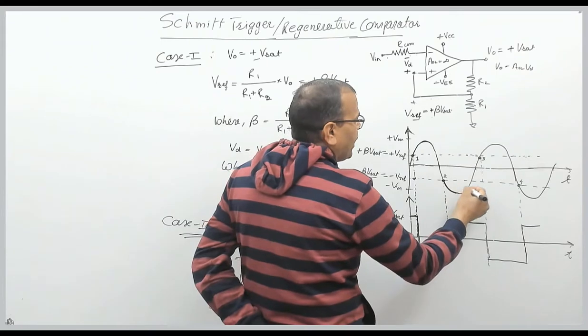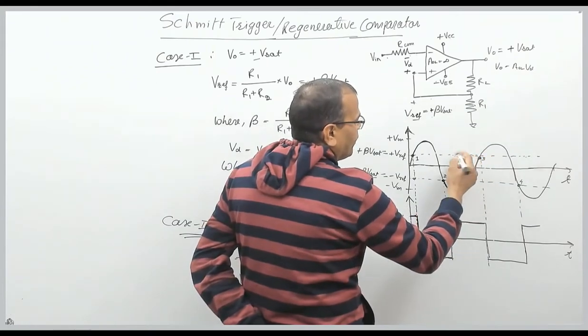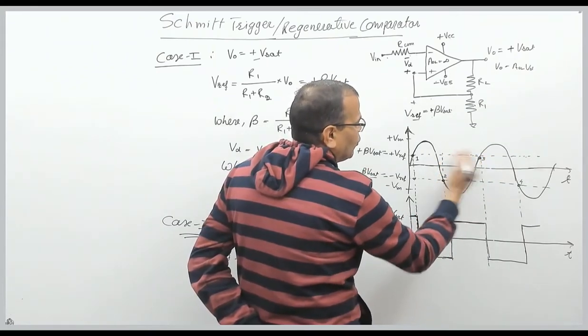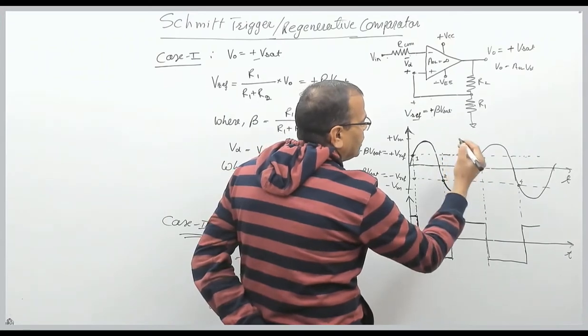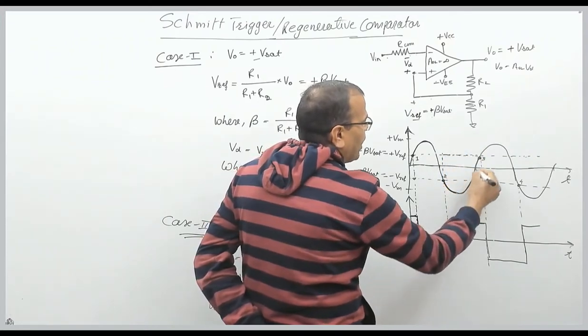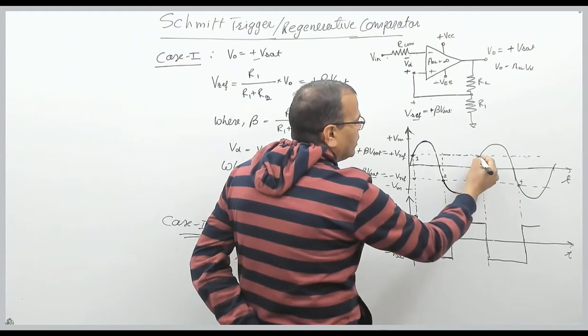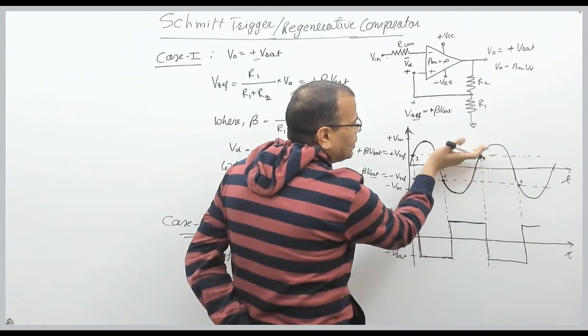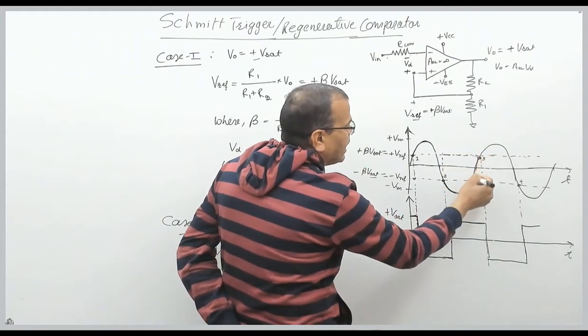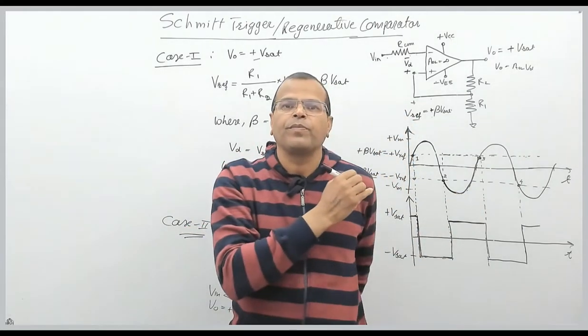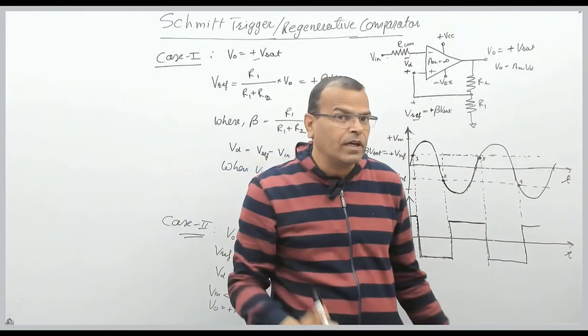Up to this point, the new reference voltage is this. So from here to here, this is the reference and my input is below this. It means input is less than the reference voltage. I hope concept is clear.